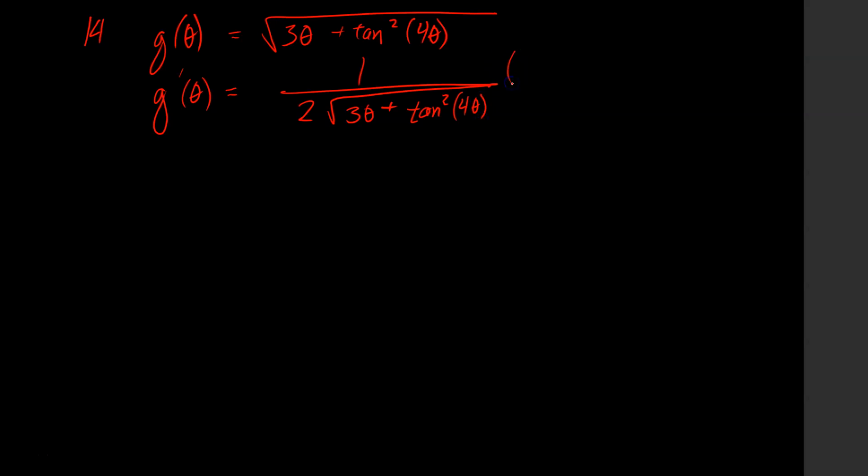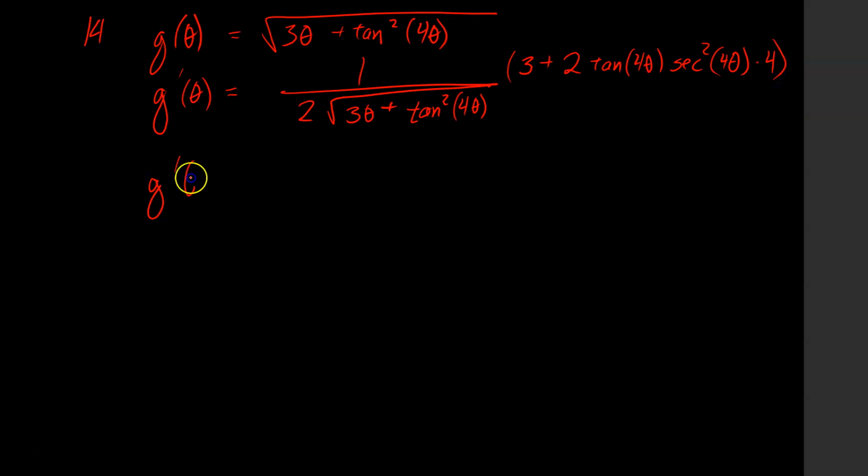So we need to multiply by, and this is going to end up in the denominator, the derivative of that 3 theta plus tangent squared of 4 theta. The derivative of 3 theta with respect to theta is 3. The derivative of tangent squared is 2 times tangent to the first power. And the derivative of tangent is secant squared, still of 4 theta, with a rate of change of 4.